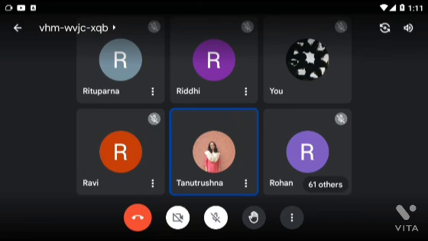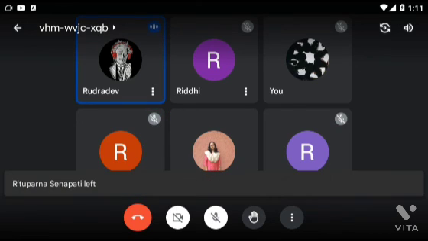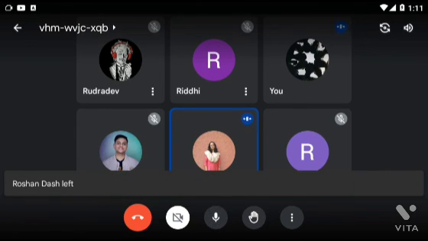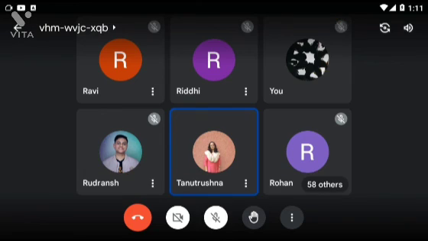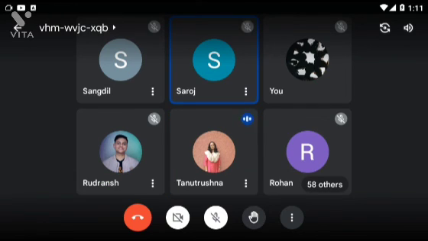Roshan Das. Present, ma'am. Rudradev Pradhan. Present, ma'am. Rudransh Agarwal. Sorry. Present, ma'am. Samir Ranjan Sahu. Sangdil Biswal. Present, ma'am. Sanjeev Sethi. Present, ma'am. Saroj Majhi. Present, ma'am. Satvik Parida. Present, ma'am. Shivakshi Singh. Present, ma'am.